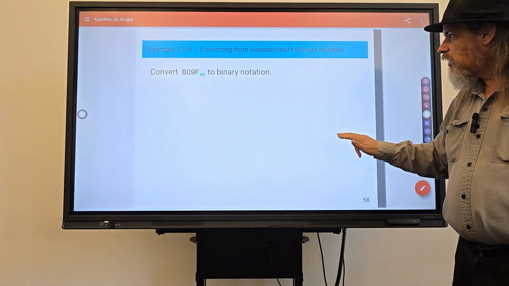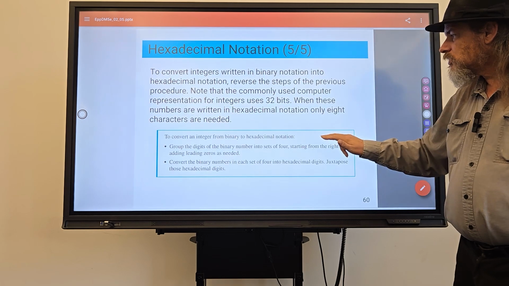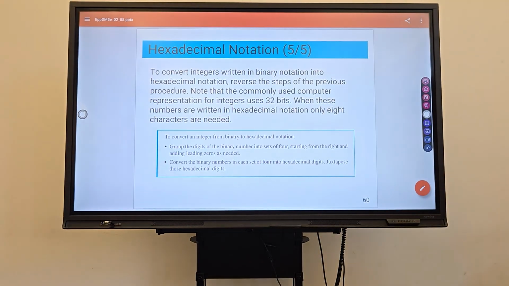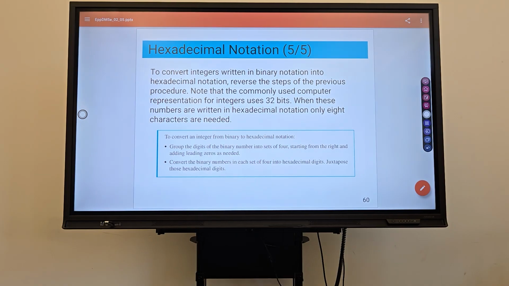So it goes both ways. To convert integers written in binary into hexadecimal, reverse the steps of the procedure. Commonly used computer representation of integers uses 32 bits, or if it's a long integer, 64.